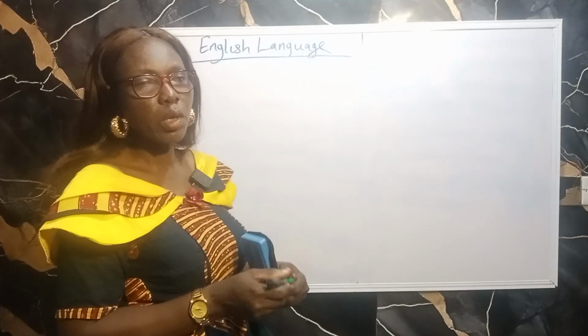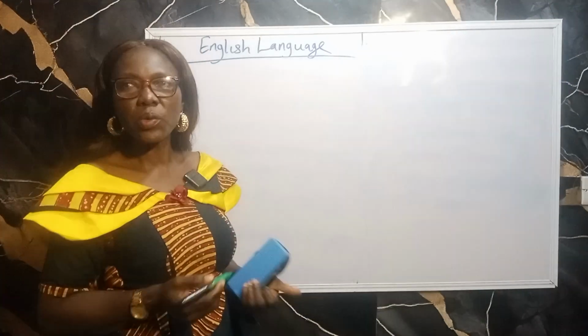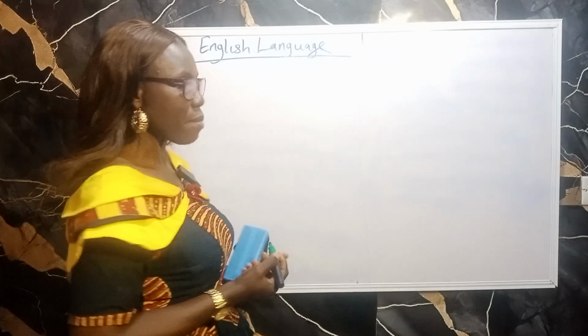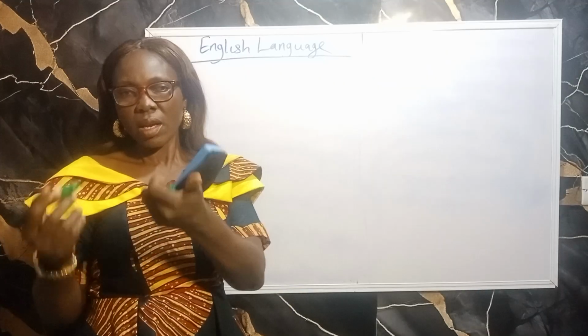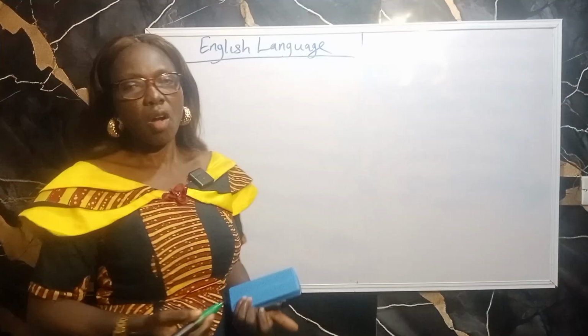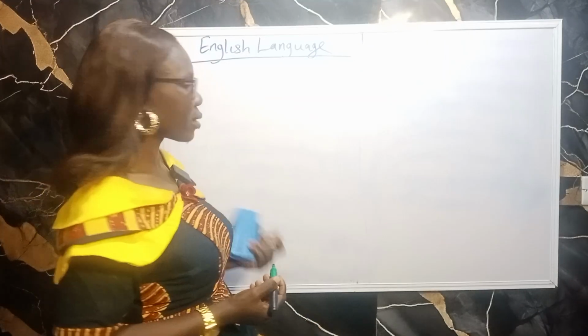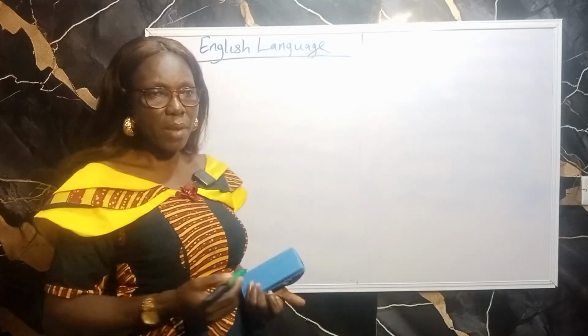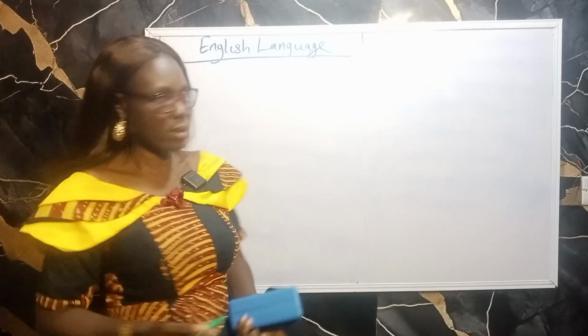Today, we are going to look at auxiliary verbs. Remember, last time when we treated verbs, I mentioned that verbs can be divided into lexical verbs or main verbs and auxiliary verbs. And under auxiliary verbs, we mentioned that we have primary and modal auxiliaries.